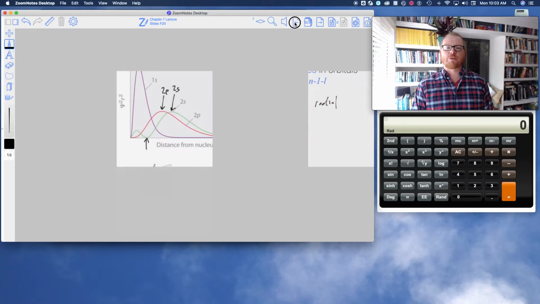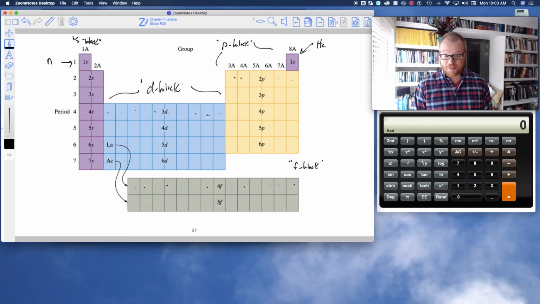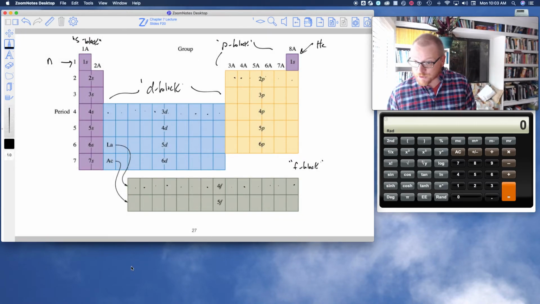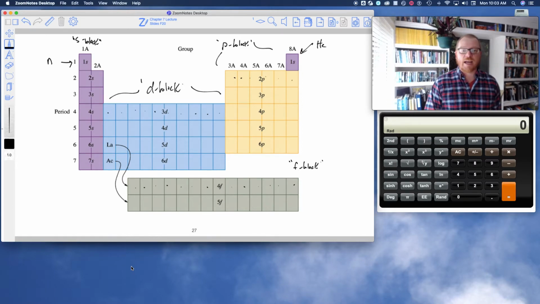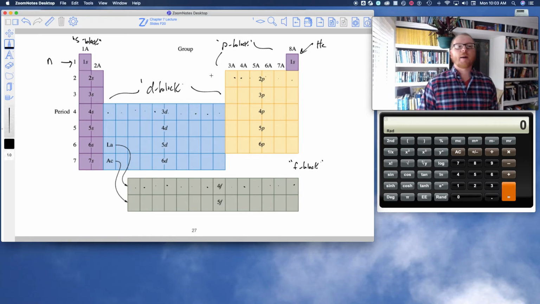Well, I'm going to back up for a second and go back to our periodic table. Quantum numbers are the address of an electron on the periodic table. So the way we remember that order is by starting here with hydrogen. We start here and we move from left to right, top to bottom. Okay? Left to right, top to bottom.